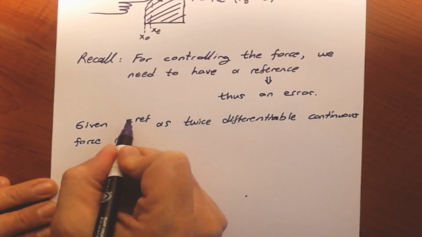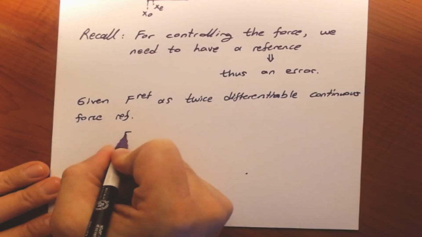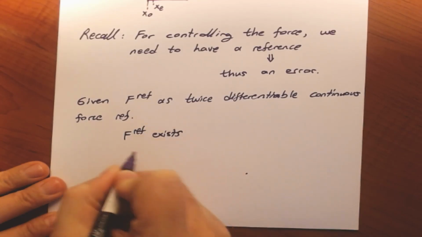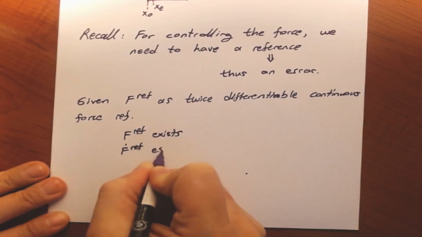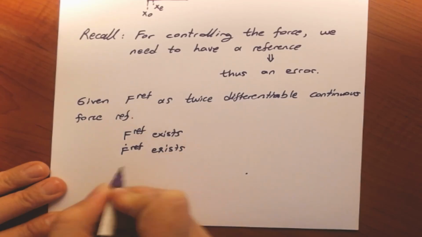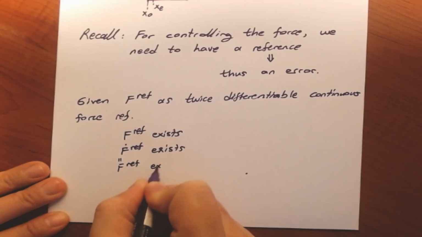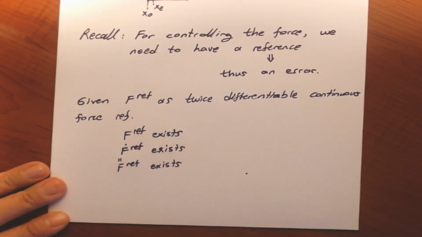What do I mean by this? Twice differentiable means that f ref exists, f reference dot exists, and f reference double dot exists. You can differentiate it 2 times.